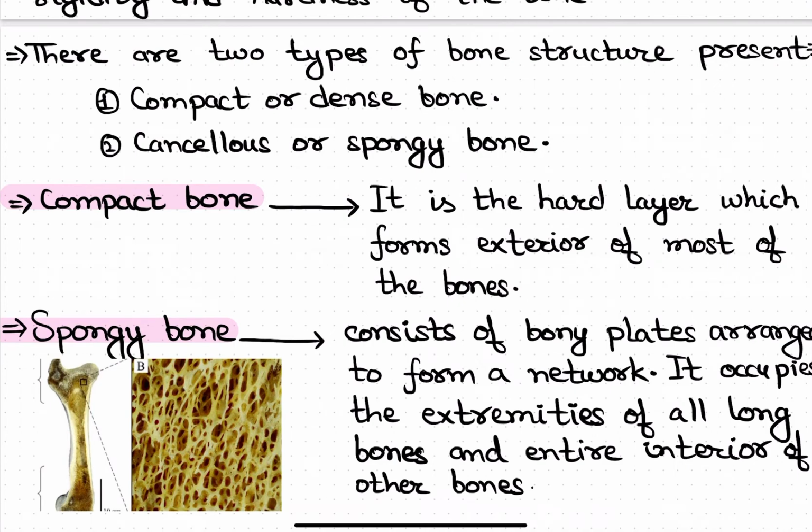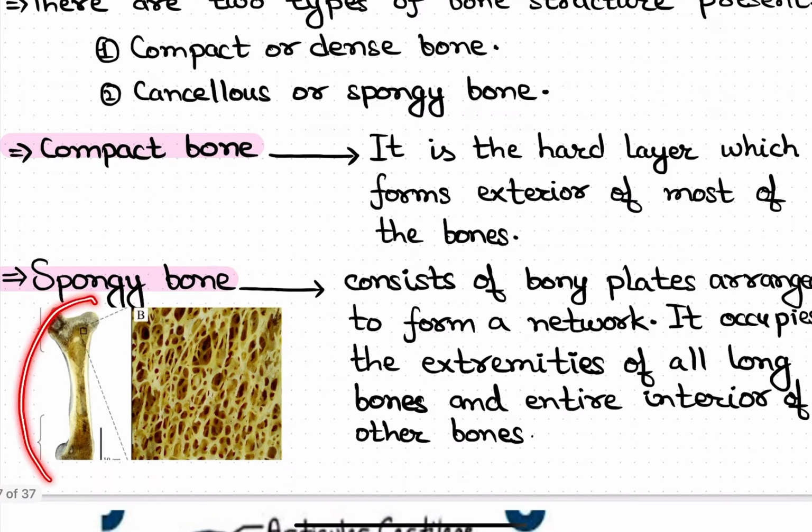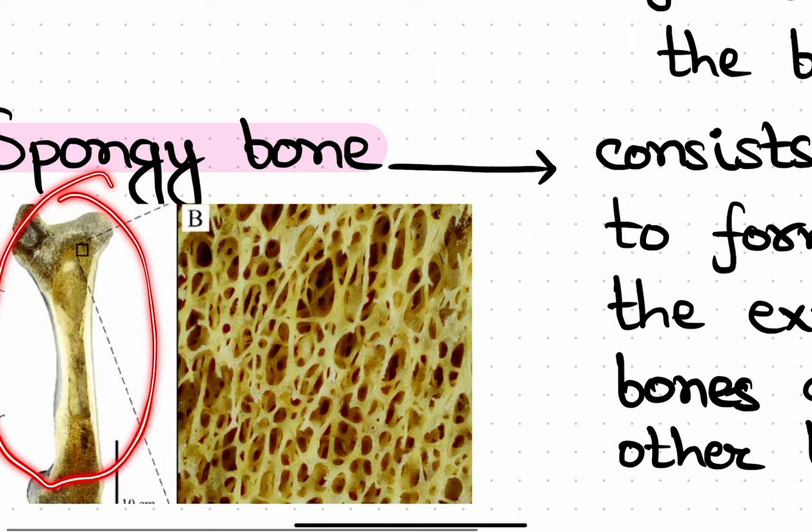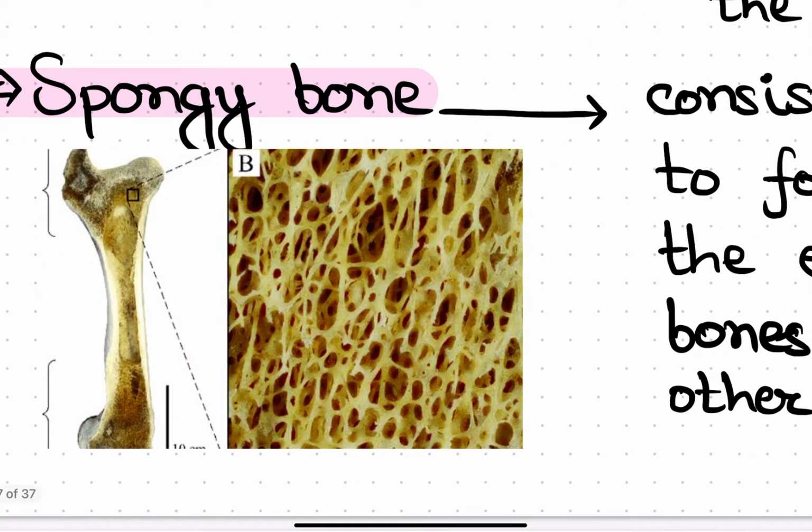Now, there are certain things which you have to remember about bone. There are two types of bone structures present. Like if you take a bone, here you can see this is a bone. Now this bone has two regions, this region and this region. If you see, this region is some sort of soft and this is some sort of hard.